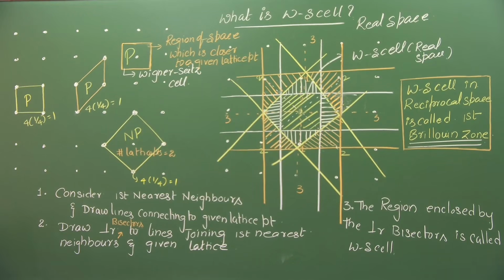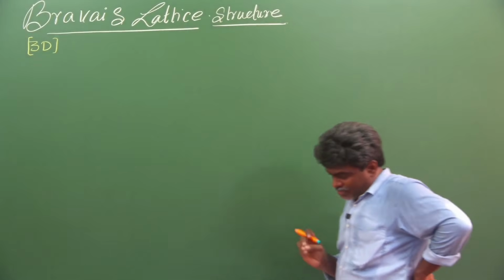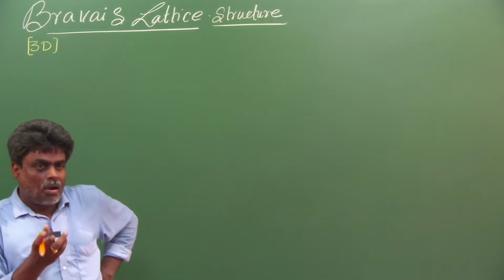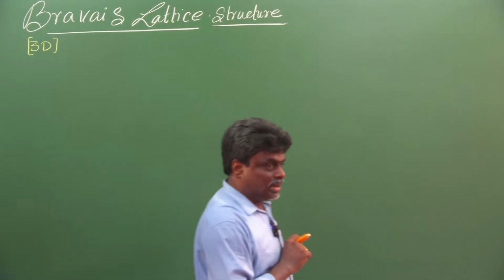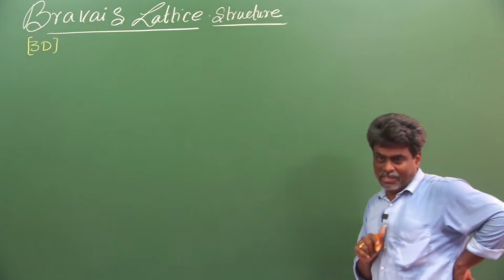Are you ready? Can you draw this later? Otherwise, after the explanation, if you want, you can draw it. Now see. Bravais lattice structure. All lattice structures are not Bravais lattice structures. Then what is the speciality of a Bravais lattice?